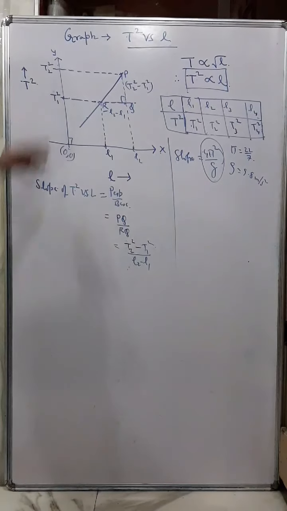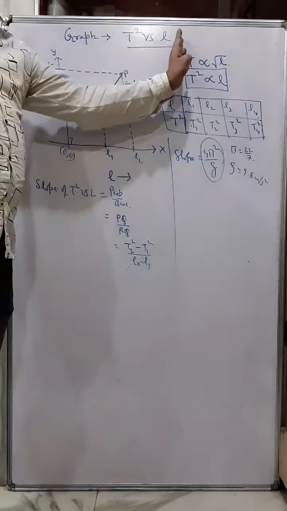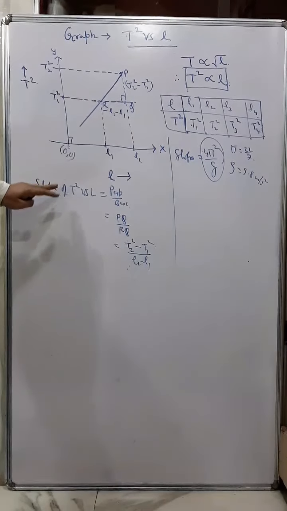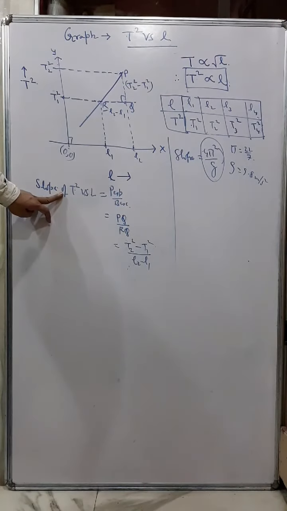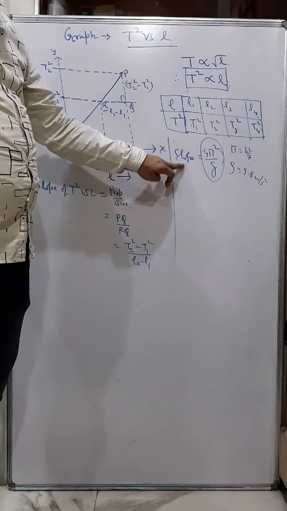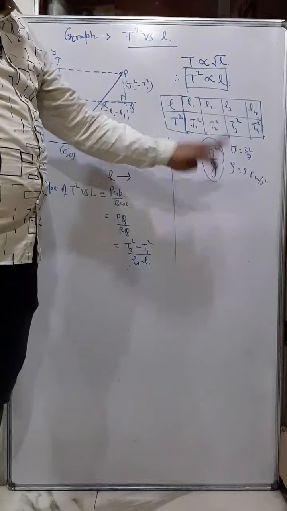For any pendulum, I draw a T square versus L graph, and if I get the slope of that graph, the value of the slope will always be equal to 4 pi square by g.